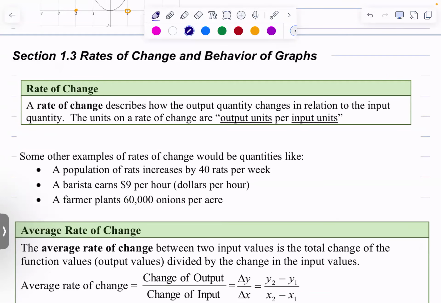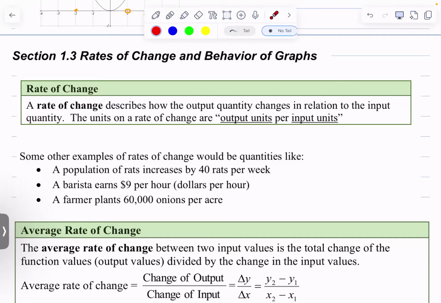Section 1.3 is on rates of change and the behavior of graphs. The rate of change, I think of it as just the slope. You might remember the slope of a line.